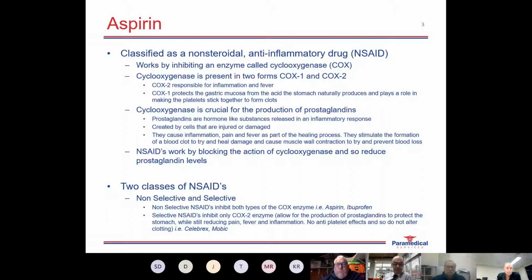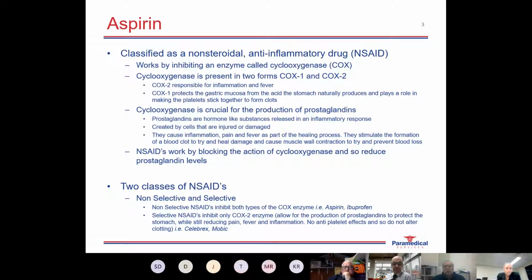Non-selective NSAIDs inhibit both types of COX enzymes, so both COX2 and COX1 are inhibited. Examples of non-selective NSAIDs would be aspirin, which is exactly what we're talking about tonight, and ibuprofen. They would just be two examples of non-selective NSAIDs.